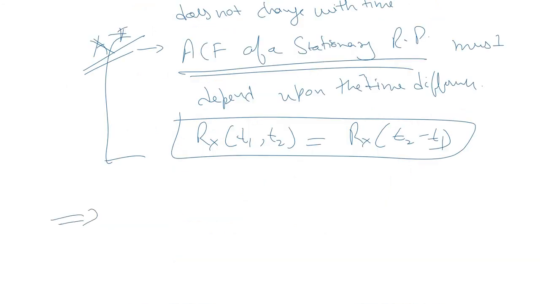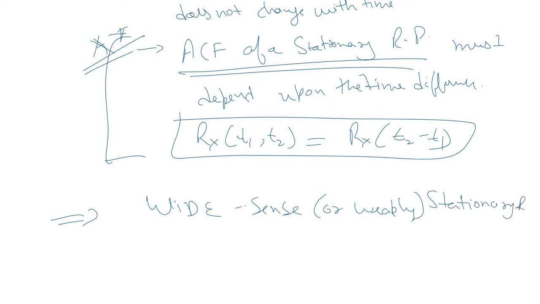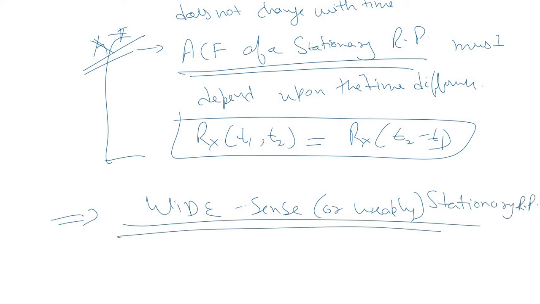The next type of random process we have is the wide sense stationary random process, or what we also call a weakly stationary random process. It is not stationary in the strict sense because it has only the mean and autocorrelation function that are independent of shift of time origin.